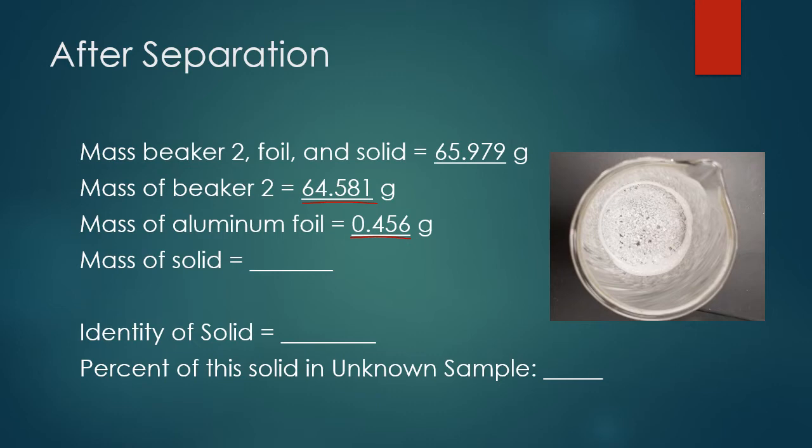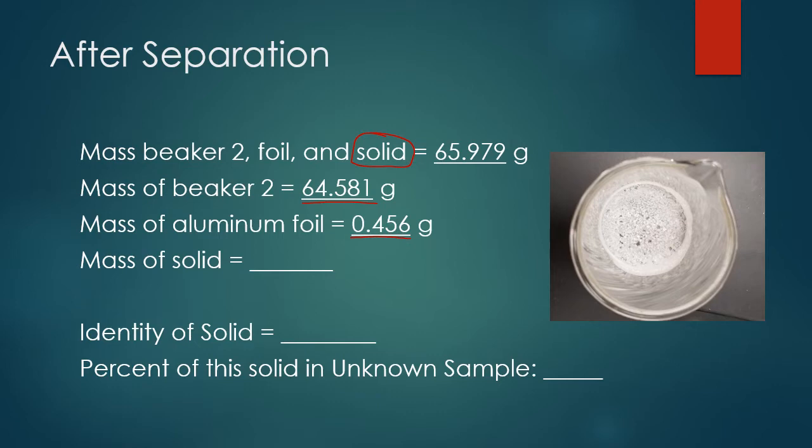Well, if you look, the initial mass, the 65.979, that's the mass of the beaker, the foil, and the solid. And notice we want just the solid by itself. So in order to get the solid by itself, we are going to have to subtract the mass of beaker 2 and the mass of the aluminum foil.